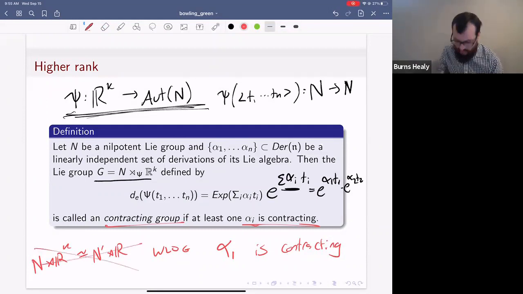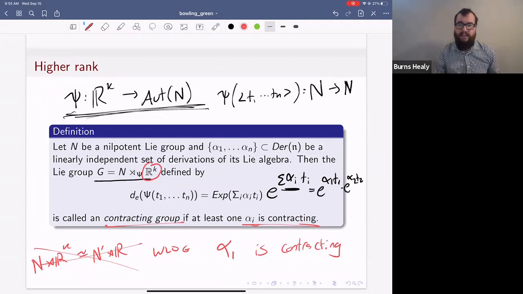You can look at things like the derived subgroup and see that that's just not going to happen. But maybe the easier way to see that it's not going to work is that the fact that this factor is higher rank is going to give you a way to embed flats. And you can just see that this is not going to be strictly negatively curved, because you'll be able to embed flats in this abelian factor. So what's the next best thing?